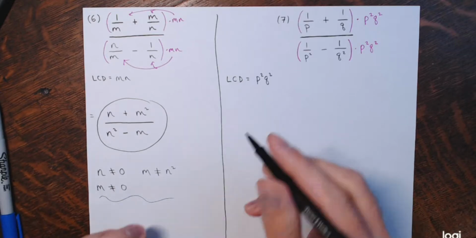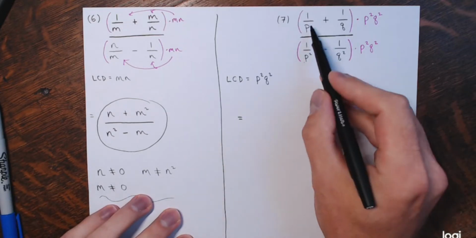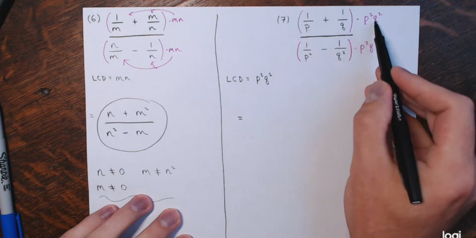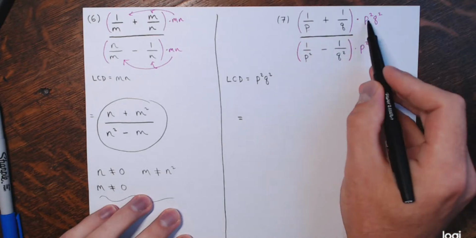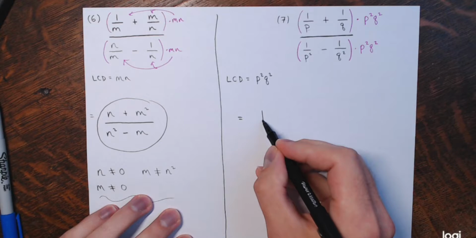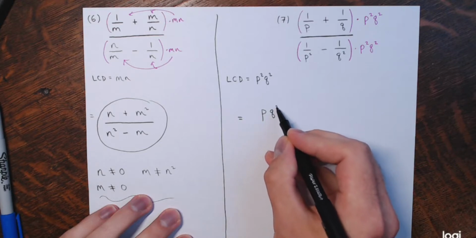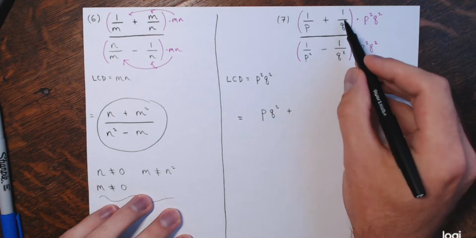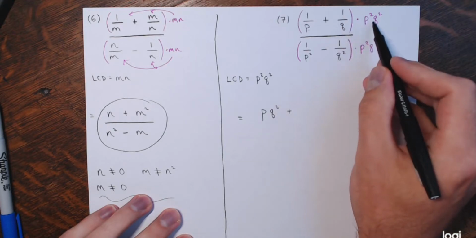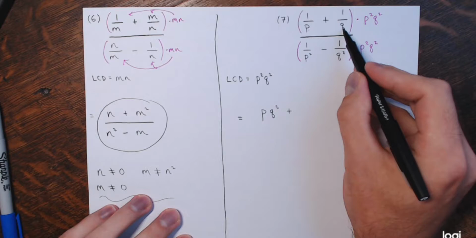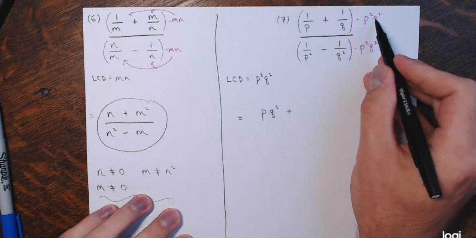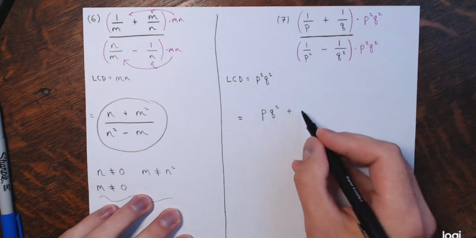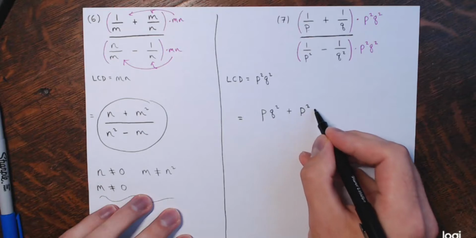And when I go through each term of the numerator, 1 over p times p squared q squared, one of the p's would cancel, and I'd be left with p q squared, right? P times q squared, plus, same thing for the next term, 1 over q times p squared q squared. Just one of the q's would cancel, and I'd be left with p squared times q to the first, p squared q.